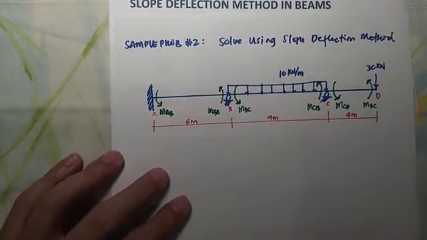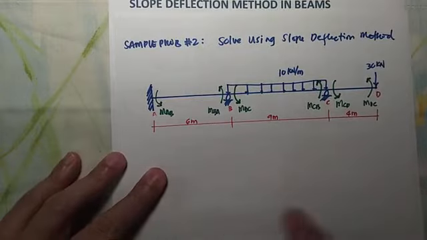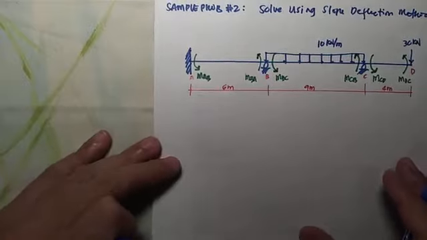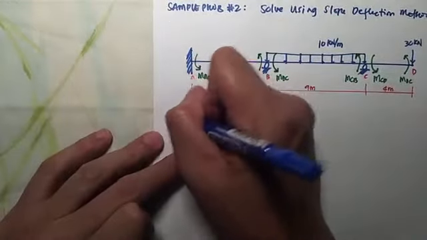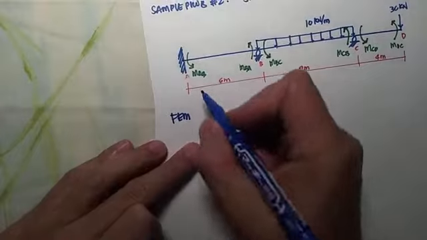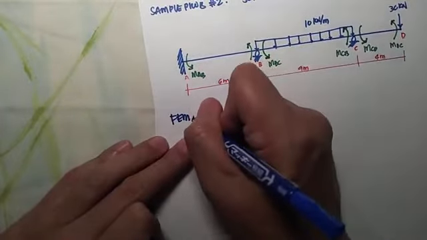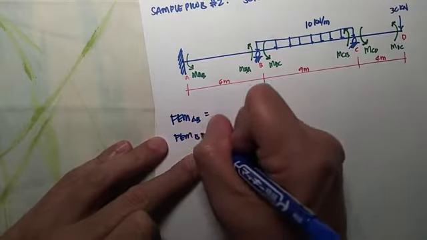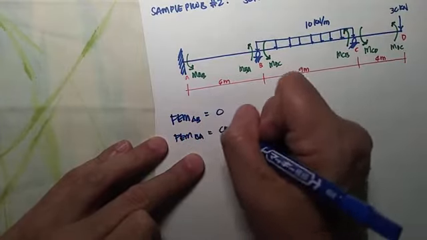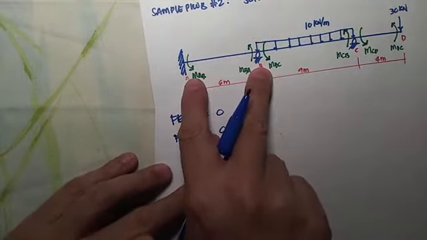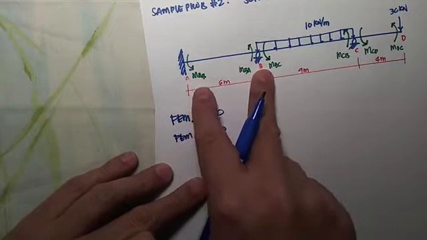The second step is to calculate the fixed end moments. For AB, the fixed end moments at AB and BA are both 0 because there's no load within segment AB.